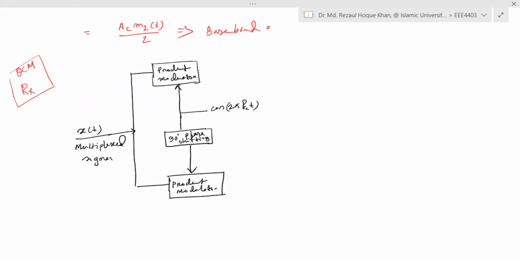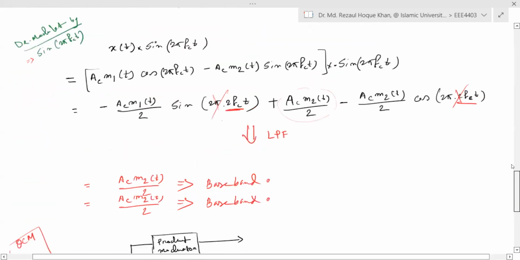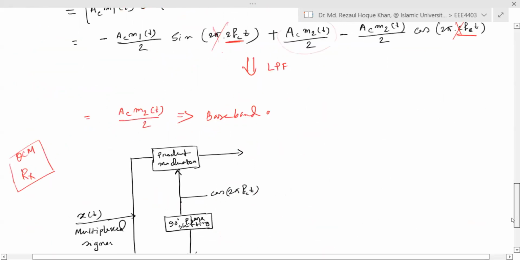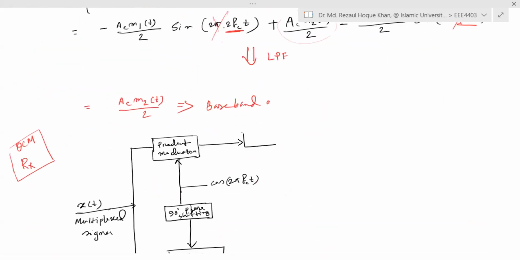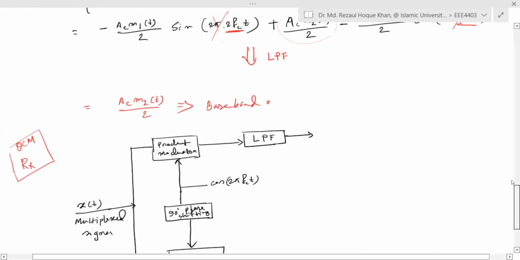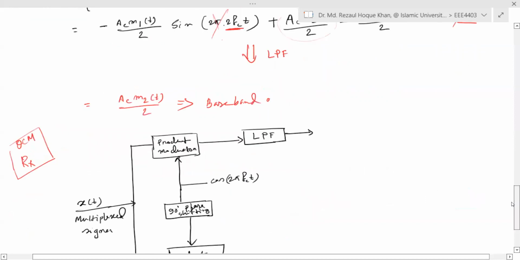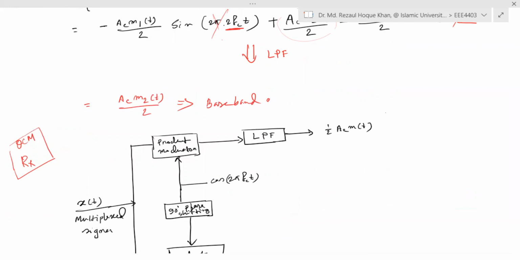So here these demodulated signals are passed through a low pass filter. Once the first modulated signal passes through a low pass filter, you get the first message, which is AcM1(t) by 2, half of AcM1(t).